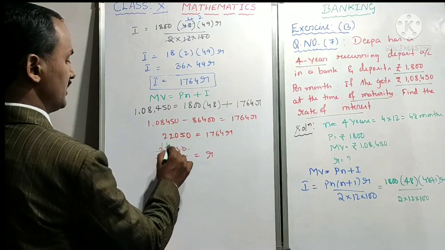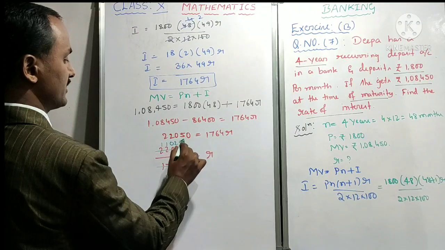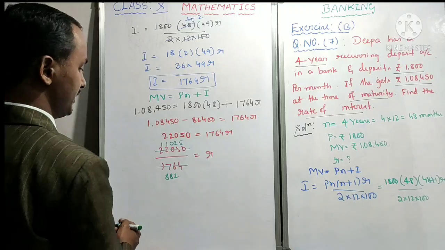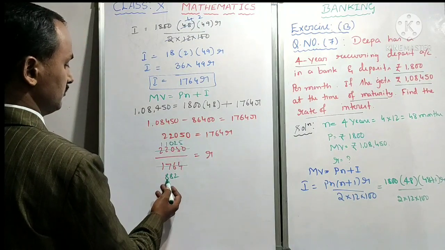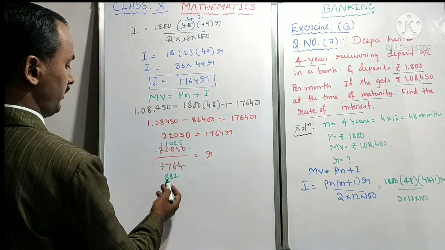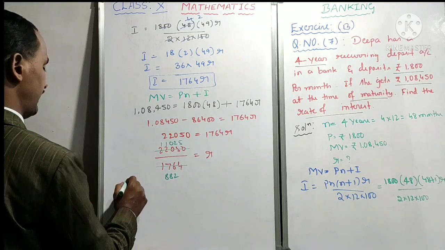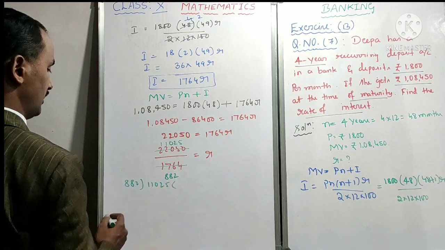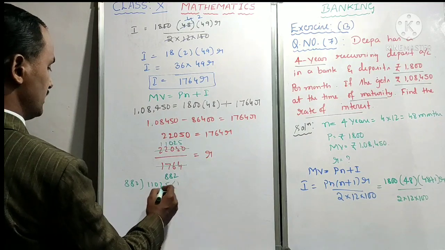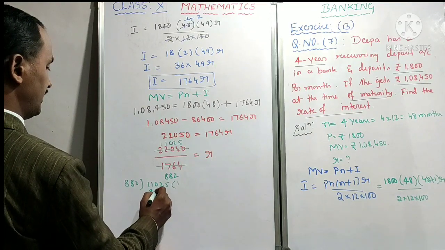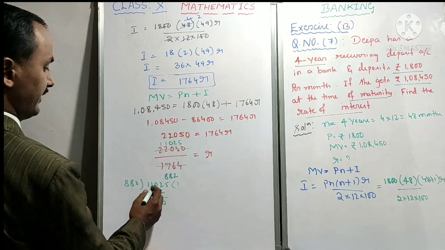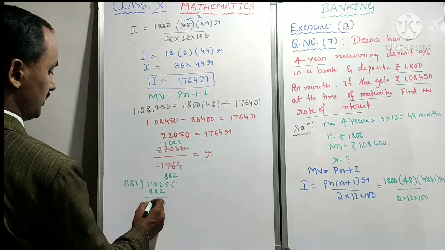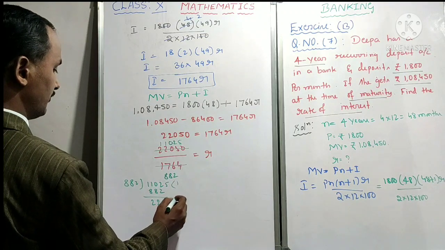Then 2 1s are 2, 2 2s are 4, 2 5s are 10. Next I will go to long division, 882 and 11025. 1 ones are 882, 0, 10 minus 2 became 2, then 10 minus 2 became 2, then we get 5.